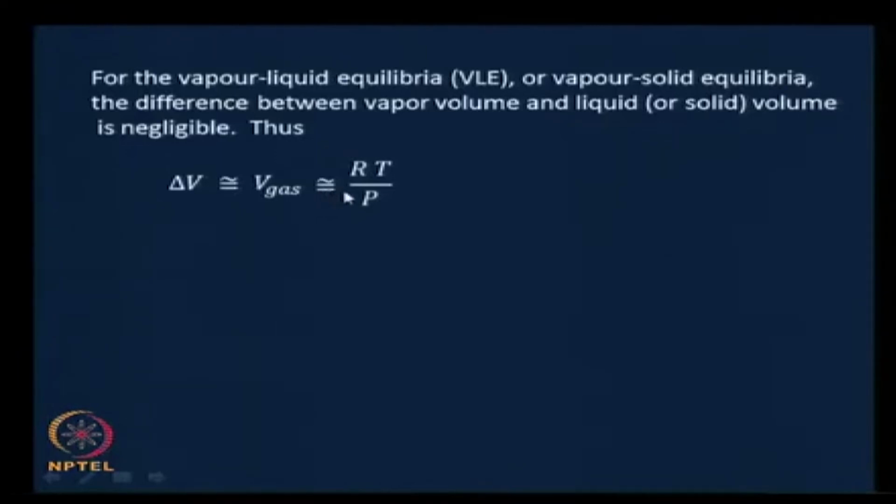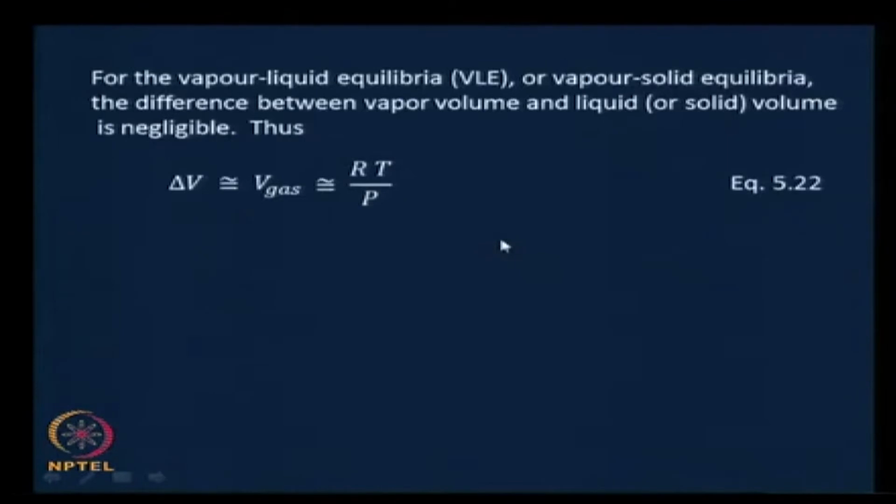Under conditions of normal temperature and pressure, this is a reasonably good assumption, except if you are dealing with very tricky gases. Therefore, for the volume of gas, we are going to use the ideal gas law and express it as RT by P.